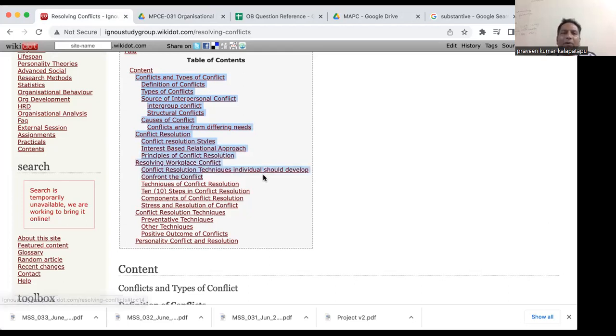Then we talked about the steps, techniques, and components of conflict resolution, what stress is and how stress is related to the resolution of conflict. And then we talked about preventive techniques and other techniques, and the positive outcomes of conflict, right?